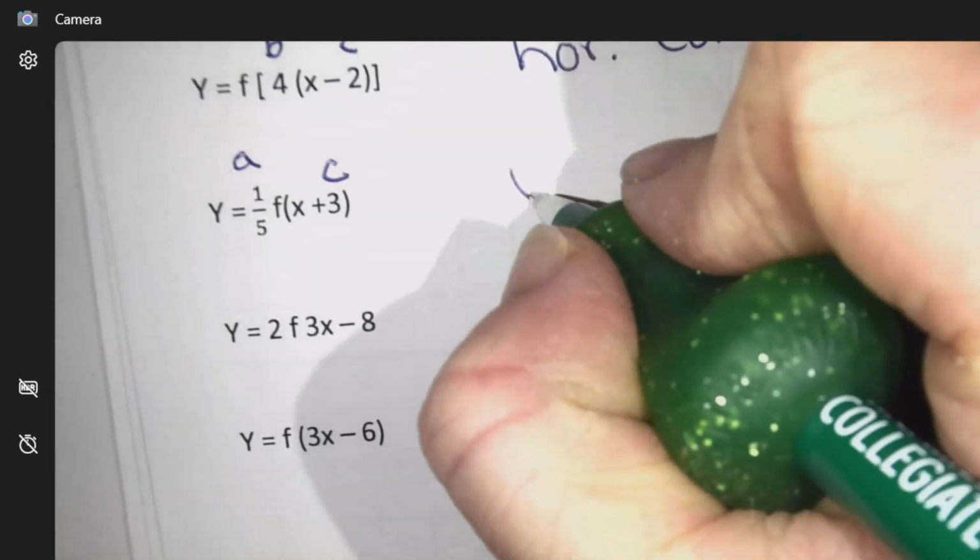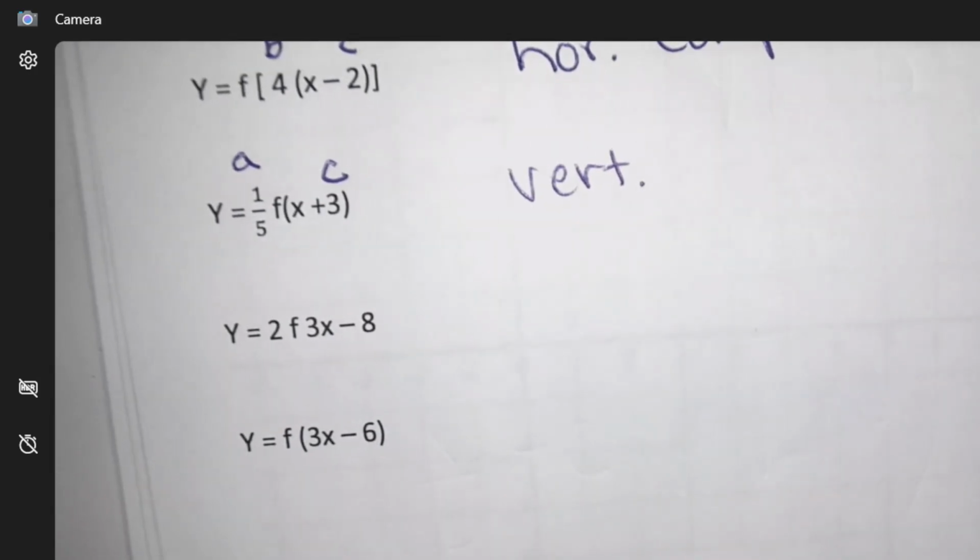This is a little tricky. What happens to some kind of number if you times it by 1/5? I'm going to write vertical because it's an A value. Can you think about timesing something by 1/5? What is it going to do to that number?